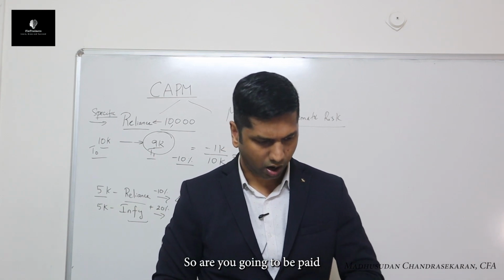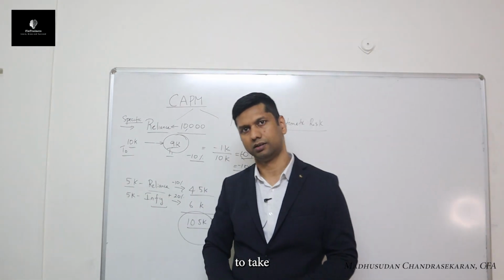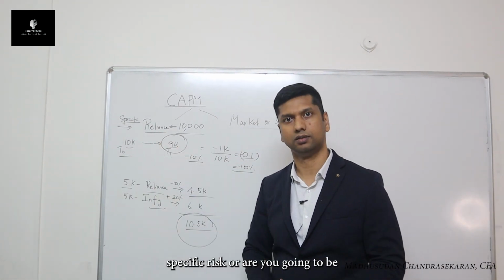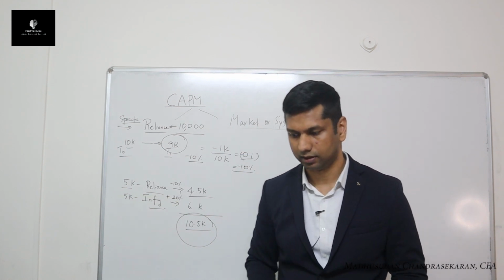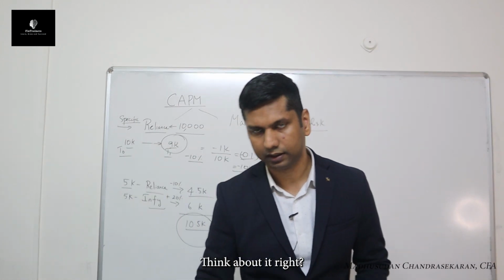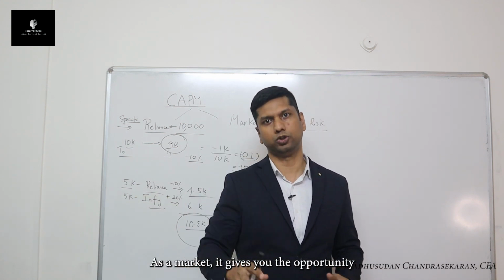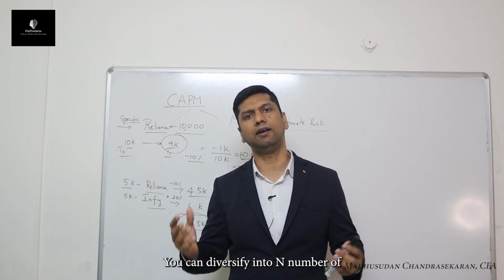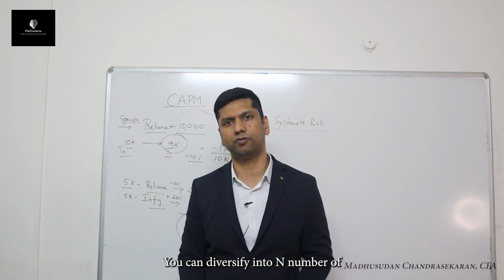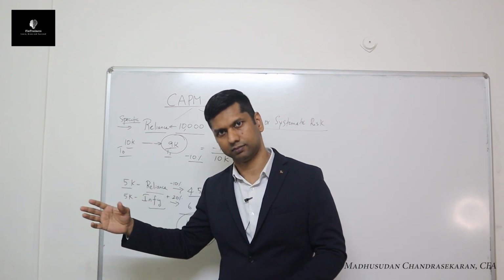So, are you going to be paid to take specific risk, or are you going to be paid to take market risk? Think about it. The market gives you the opportunity to eliminate specific risks. You can diversify into any number of companies and make this idiosyncratic risk go away.